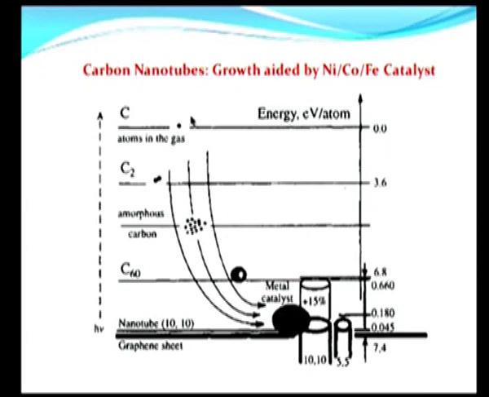Whereas, the energy required for doing the same thing with atoms in the gas is much greater, several electron volts. So, if you had free carbon atoms, then a great deal of expenditure of energy is required to produce carbon nanotubes from such disordered carbon.